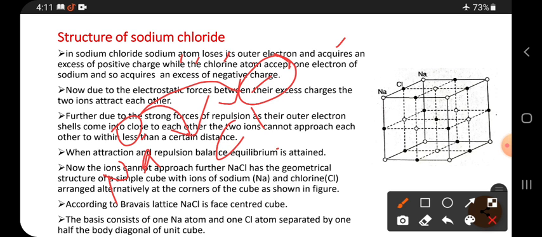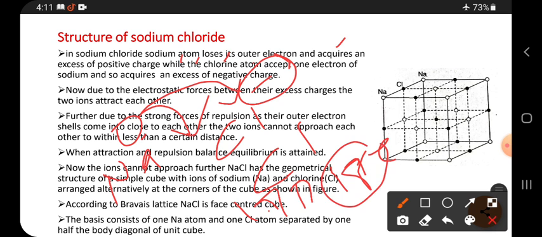Chlorine contains 17 protons and 17 electrons, but when it takes one extra electron from the sodium, the 17 electrons become 18. So 17 protons, 18 electrons, one electron is in excess, and that is what we show.